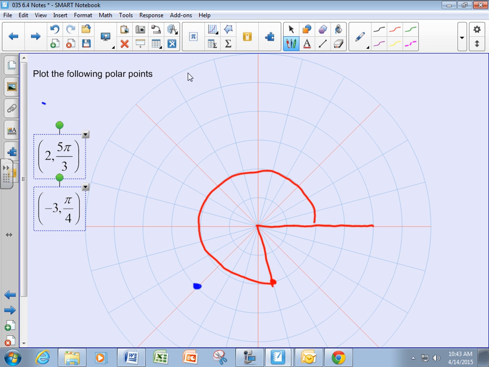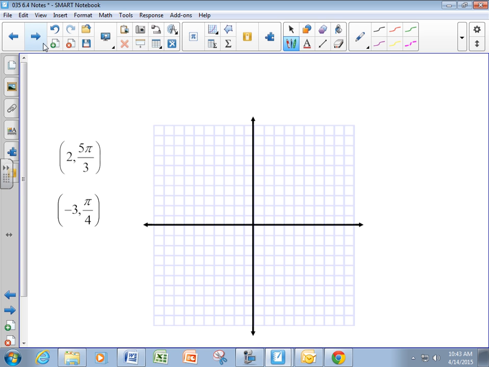You don't always have to have this circular axis in order to graph polar points. I've seen people simply do it on a typical coordinate plane. It's just a little more estimated. So if I wanted those same points on a typical coordinate plane, I would go over 2, and then I'm going about 60 degrees, and I just estimate what that 2 would look like over here in quadrant 4.